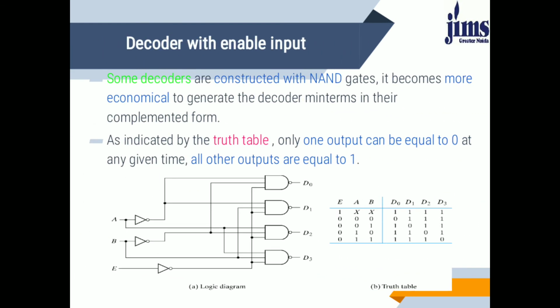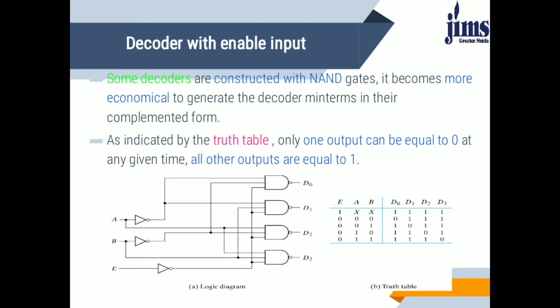Now what if we incorporate an enable input into a decoder? Then apart from A and B, another input, enable, will also be there. Some decoders are constructed with NAND gates, so it has become economical to generate the decoder minterms in their complemented form.